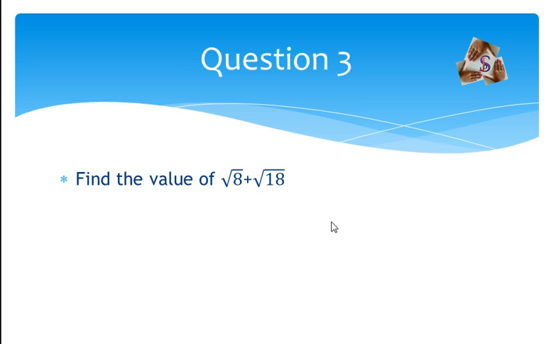Find the value of root 8 plus root 18. So here we use the addition and subtraction of surds. What did we say there? Bring them to the same radical. Then we group them. So root 8 is root of 4 into 2 plus root of 9 into 2.